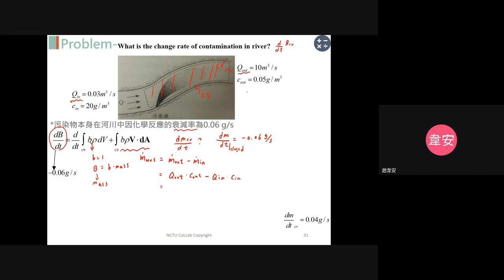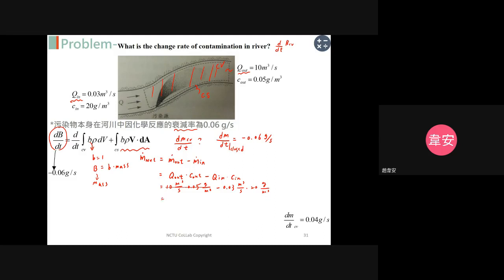Okay, so we have the discharge out of 10 cubic meter per second multiplied by 0.05 g per cubic meter, minus Q in, which is 0.03 cubic meter per second multiplied by 20 g per cubic meter.